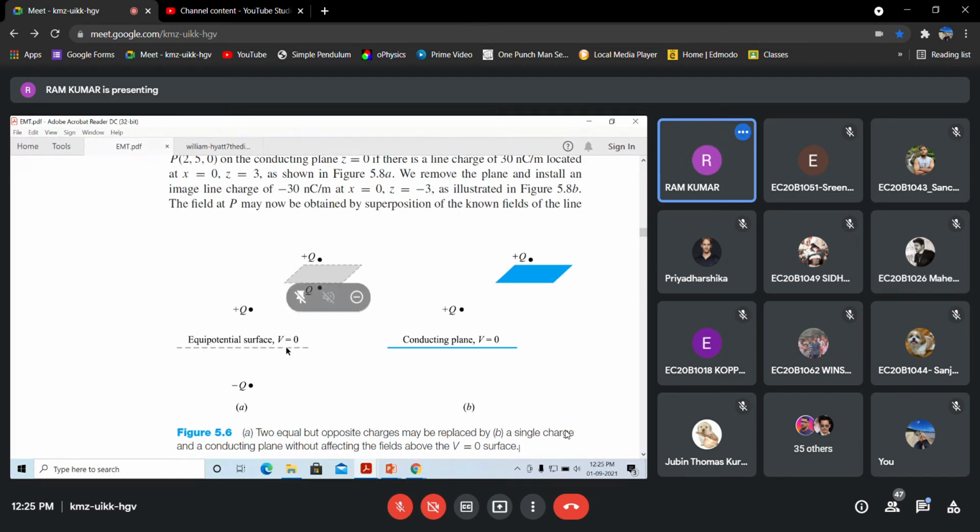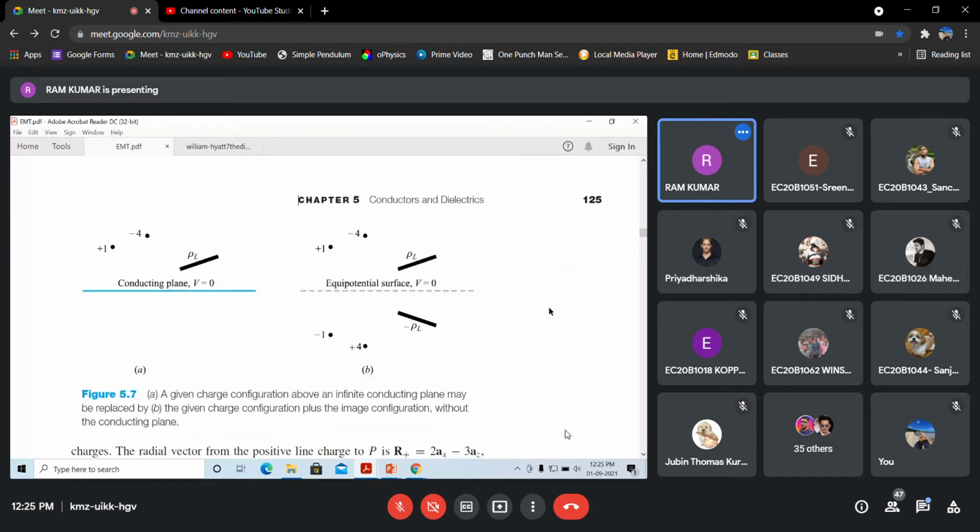Now, if we think of the same scenario in the opposite way, instead of removing this negative charge and introducing one conducting plane, just do the opposite.